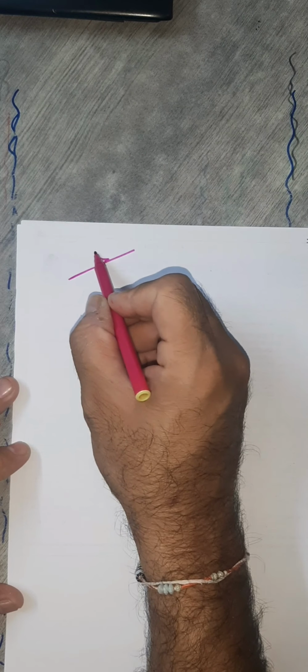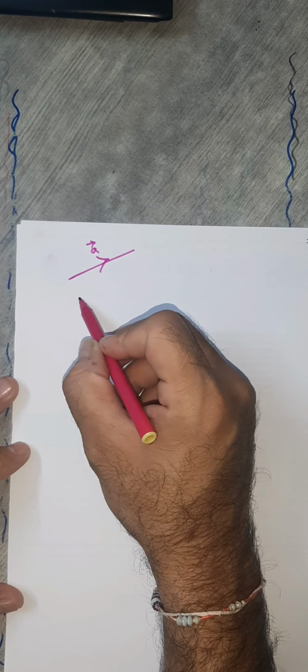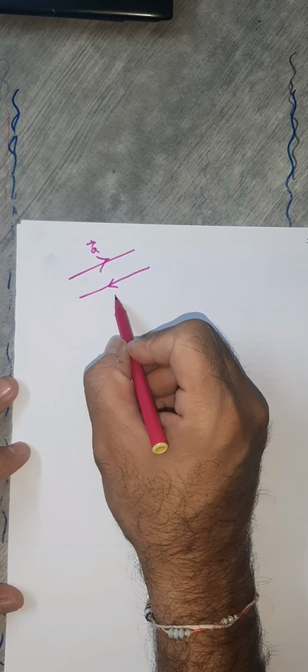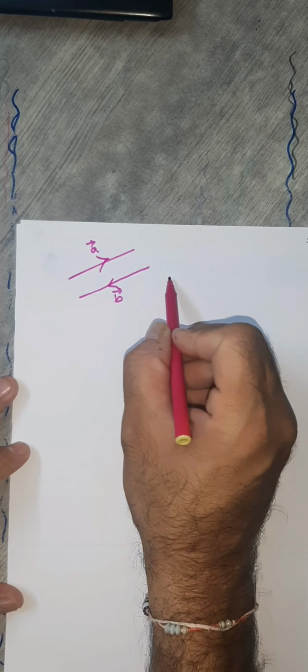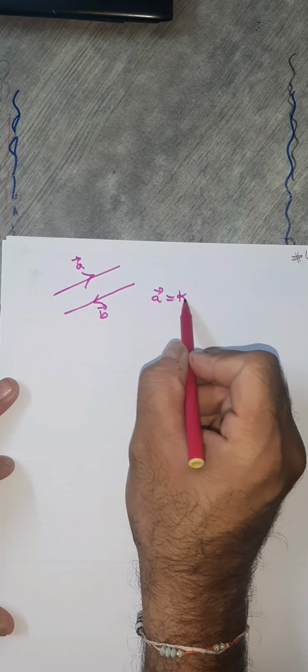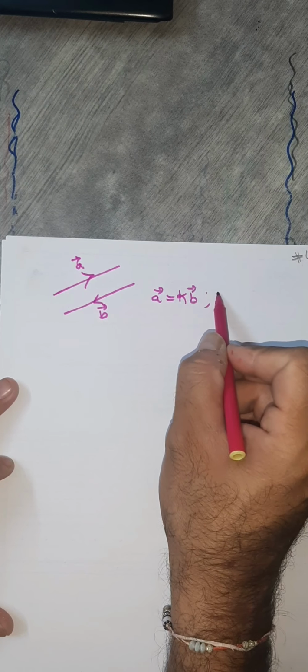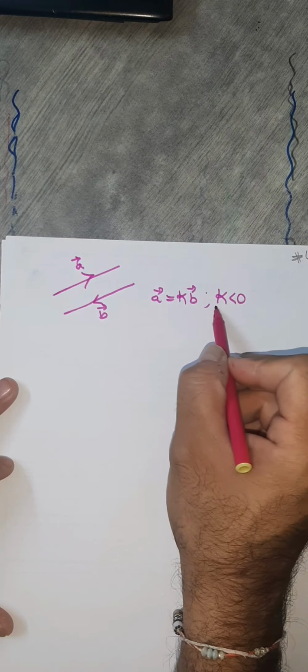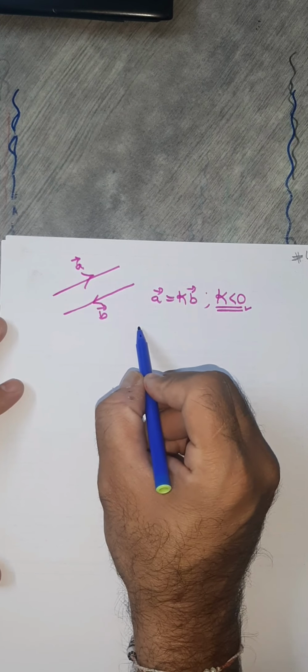Now, if I have vectors like this, here vectors are in opposite direction. Suppose one vector A like this and the other vector B like this. The vectors are in opposite direction here. So in that case, vector A equals k times vector B, where k is negative, remember. k is negative. So here vectors are in opposite directions.